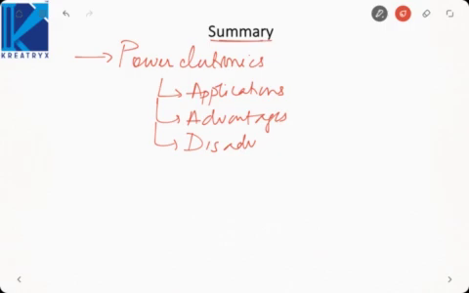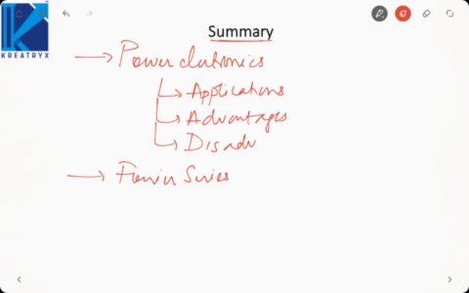Then we saw the Fourier series concept, and we saw some of the Fourier series that we will encounter in the power electronics course throughout the syllabus. That is, we will encounter these waveforms mostly in the chapters of rectifiers and inverters.